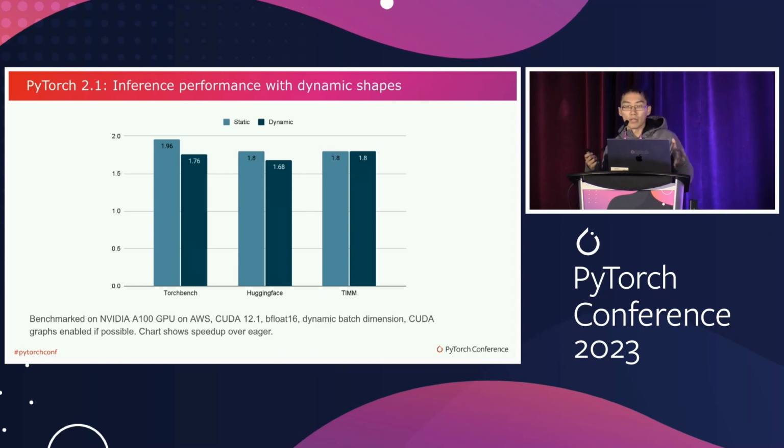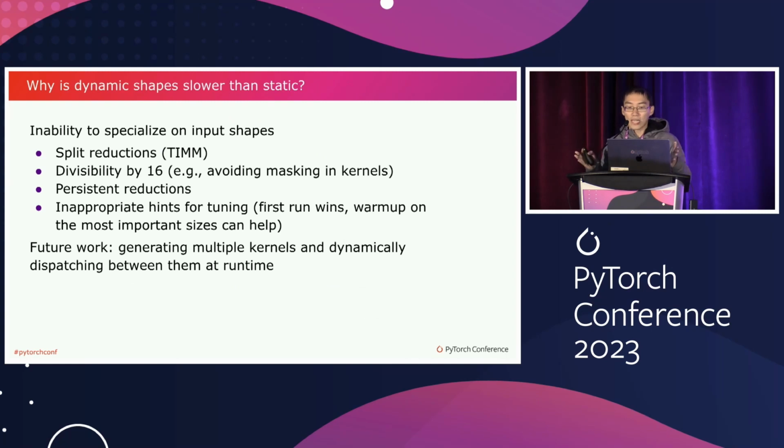There's a model-by-model breakdown on the performance dashboard, which I recommend you take a look at if you want to dig more into this. What are the sources of these gaps? There are a few explanations, but it's mostly due to Inductor's inability to specialize on input shapes when it's doing compilation. For example, reductions are normally parallelized over the individual rows being reduced.